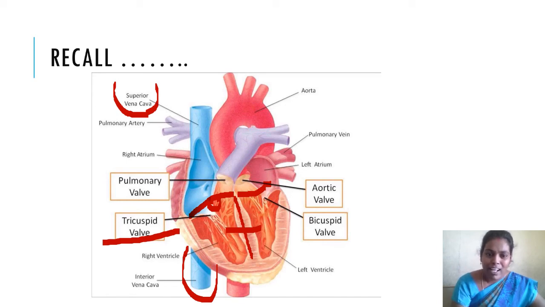Remember this valve name. In the same way, the left side auriculoventricular aperture is guarded by the bicuspid valve.